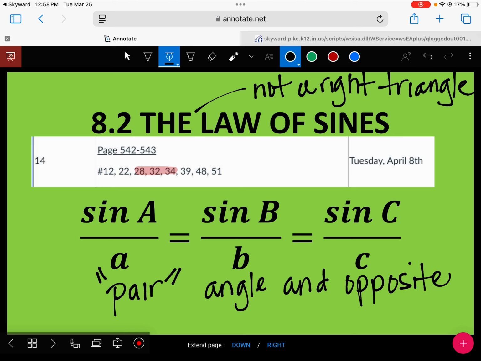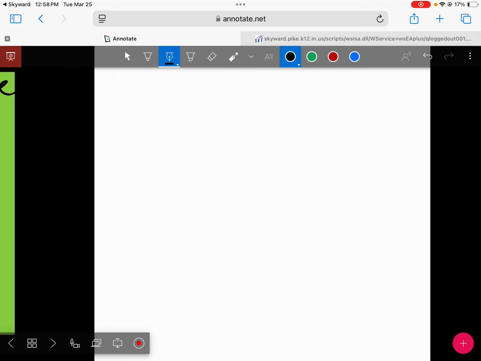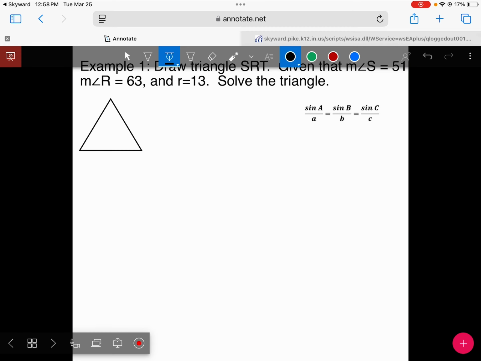Now, after spring break, we're going to talk about a different law, which is the law of cosines. But for now, we're just going to focus in on the law of sines. So, law of sines, you have to have a pair. I have to know big A, little a, or big B, little b, or big C, little c. One pair.